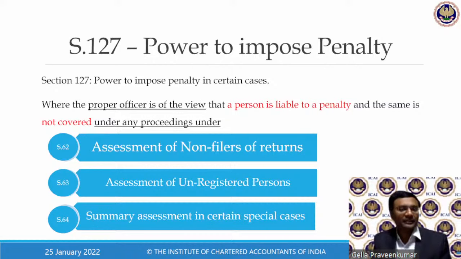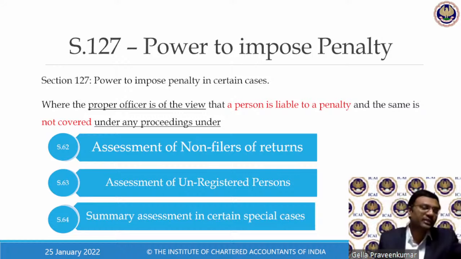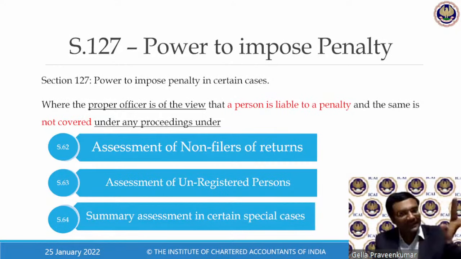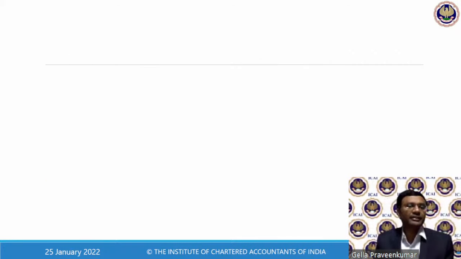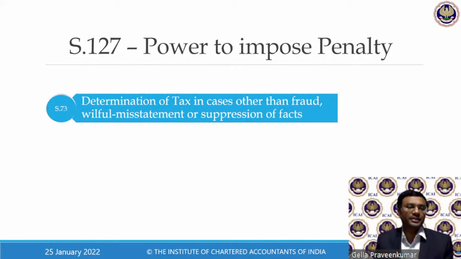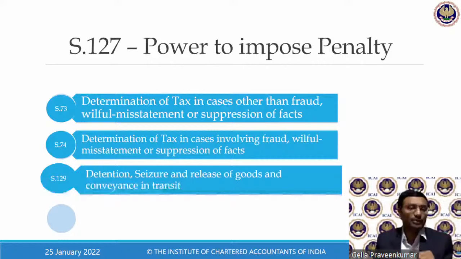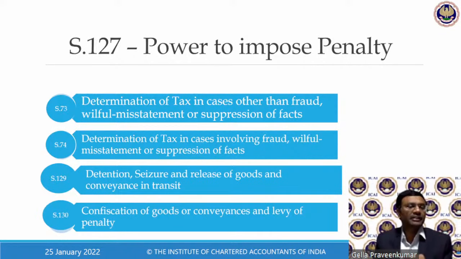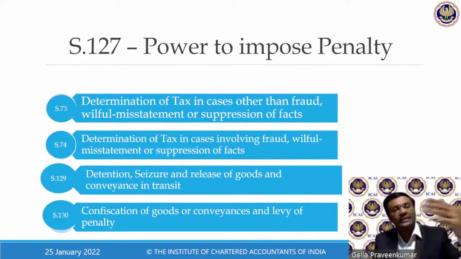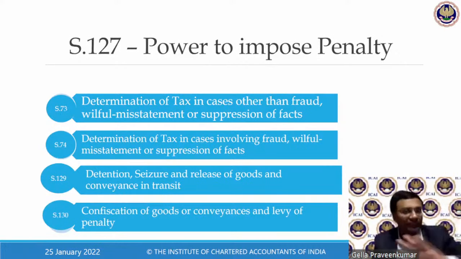Summary assessment: we discussed that refund case, where a private limited company purchased furniture from a proprietor. In summary assessment, the penalty to be imposed was forgotten. Now I can invoke my 127 to impose that particular provision. 73, 74: if there is any notice issued under 73, 74, and the penalty was to be invoked but the officer forgot, I can invoke it again. Sections 129, 130: generally, imposing a penalty will never be forgotten.